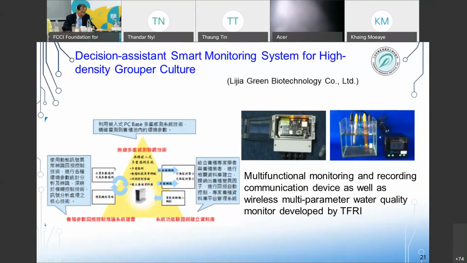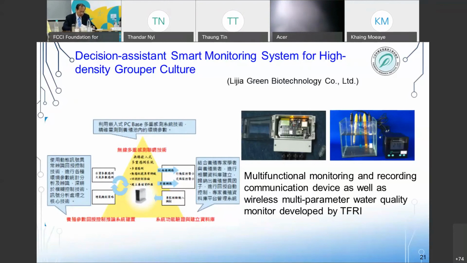And combining the outdoor culturing pond and the indoor circulation devices with the smart remote monitoring and decision-making system, the high-density grouper culture system can achieve the goal of energy saving, water saving, and low risk for aquaculture.